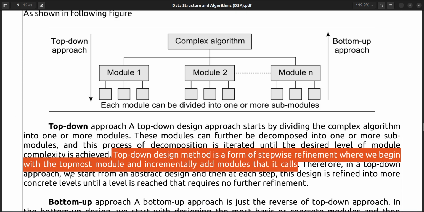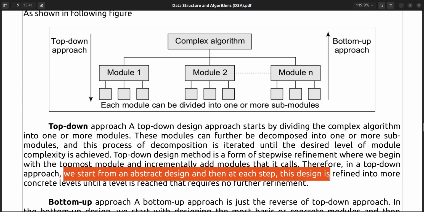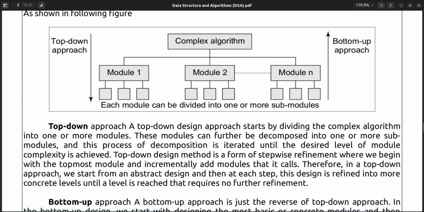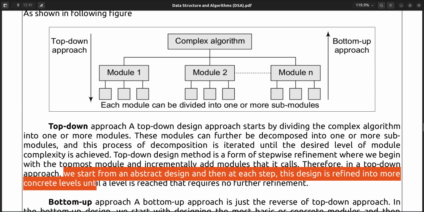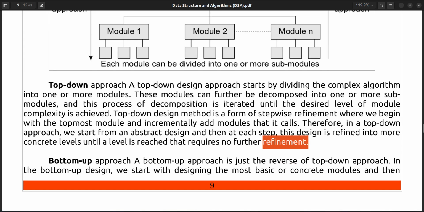Therefore, in a top-down approach, we start from an abstract design, and then at each step the design is refined into more concrete levels until a level is reached that requires no further refinement. Refinement is nothing but creating a new module. We see one functionality, create a module for this one, another module for that one, like that. From the complex problem we start dividing.